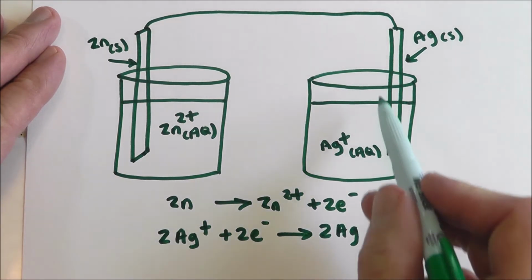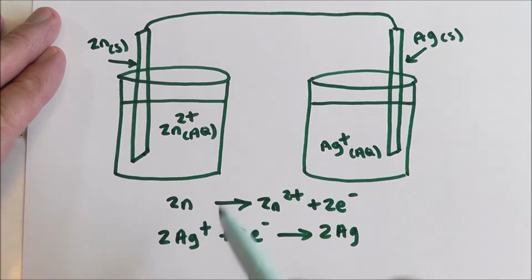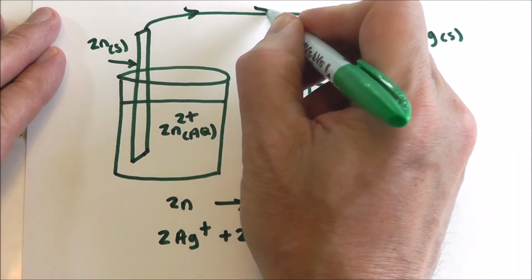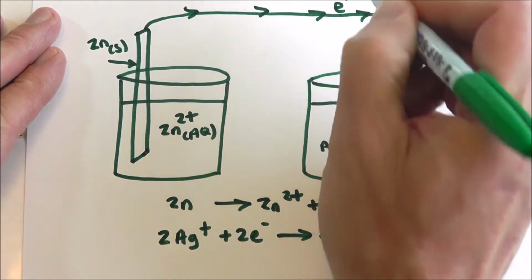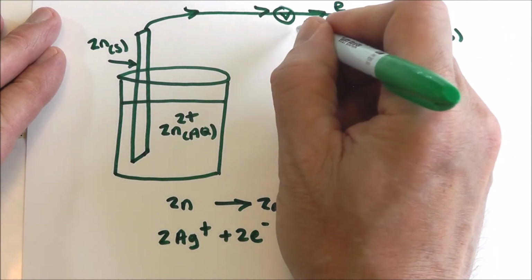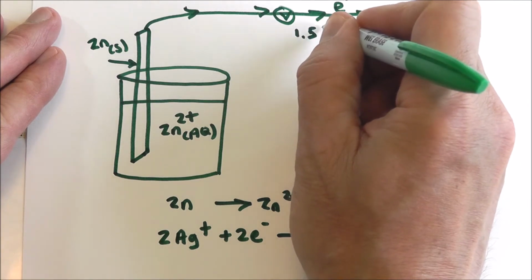So this compartment here is consuming electrons. This compartment here is producing electrons, and so electrons are going to flow that way. And if we connect them by a voltmeter, we can measure a voltage, which we'll talk about later, 1.6 volts.